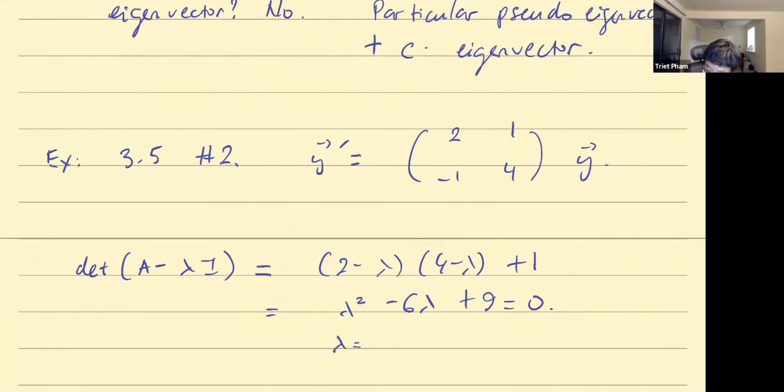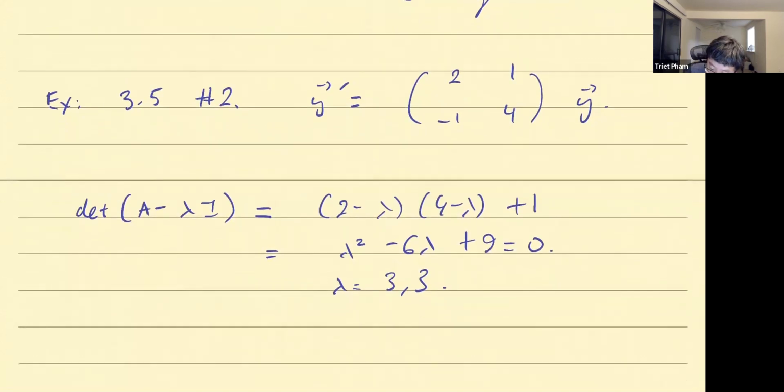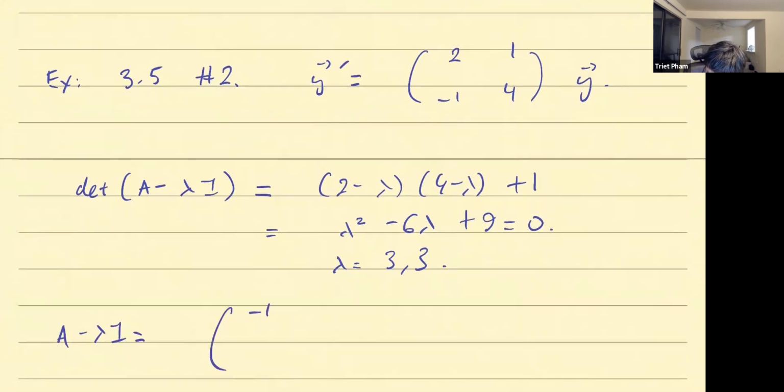So lambda equals 3 is the repeated eigenvalue. Now, if you subtract 3, what do you get? A minus lambda I is equal to minus 1, 1, minus 1, 1.